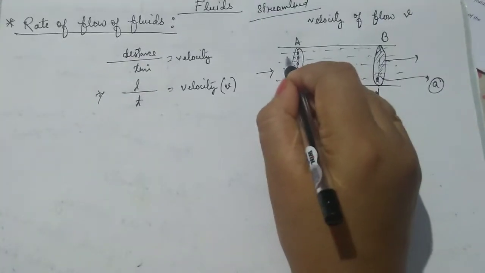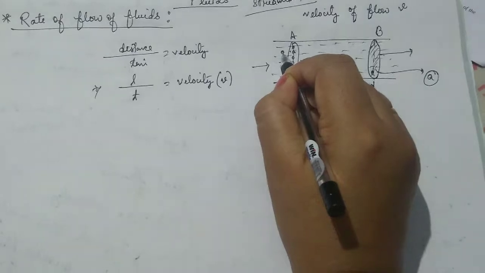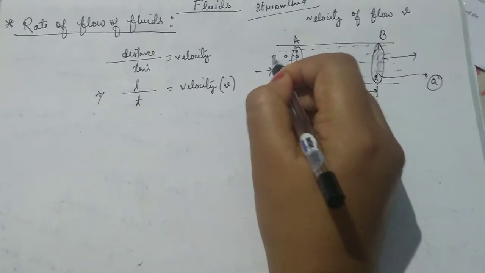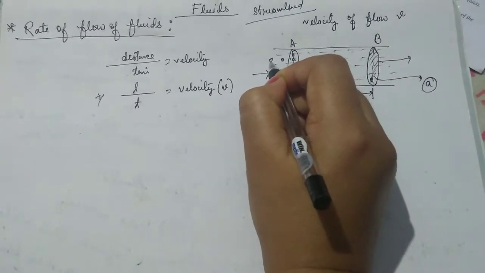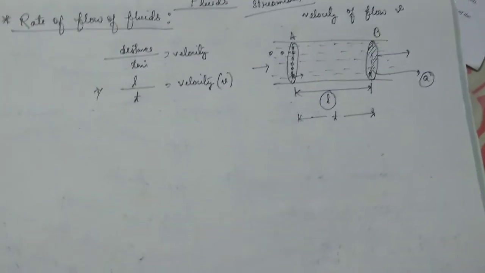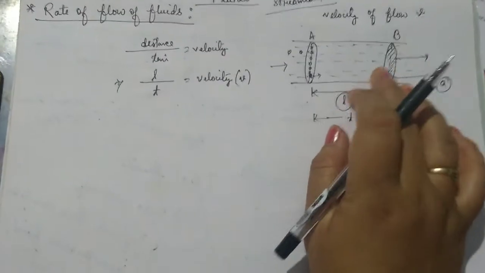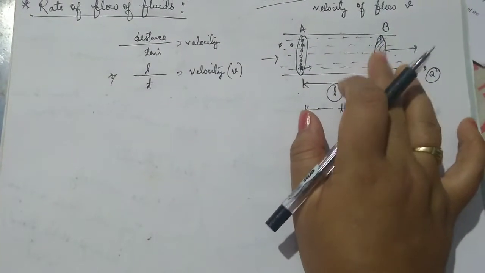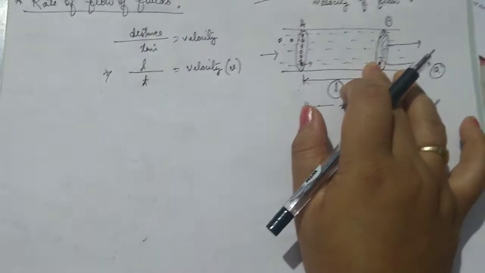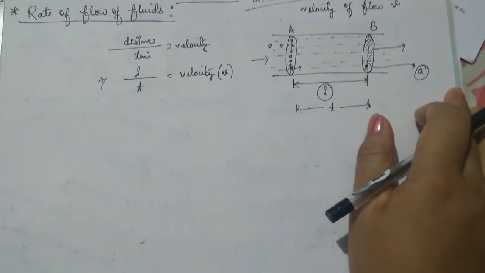If some molecule is following this molecule, if it is having V, this molecule is also going to have V. That is the meaning of streamline flow. All the fluid dynamics theories can be applied to only streamline flow. We cannot apply these rules to turbulent flow. So again, streamline flow means all the molecules are moving with the same velocity.